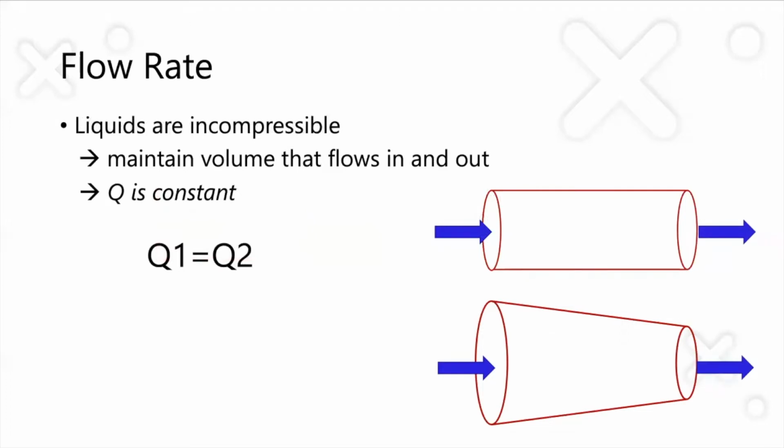That means that you cannot fully squeeze a filled water bottle, no matter how hard you try. Therefore, we can say that liquids maintain the volume that flows in and out. So Q is constant. And the important factor is the cross-section area, since the flow rate depends on it, as we will see in a minute.